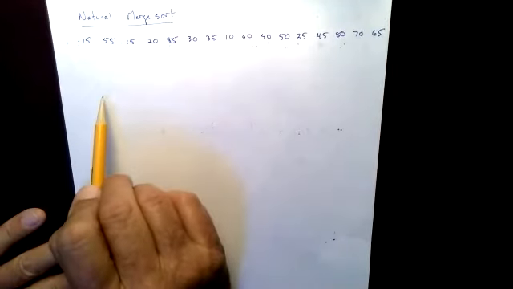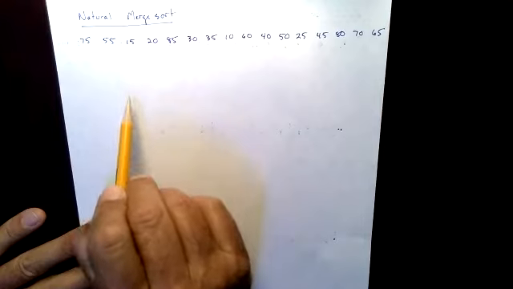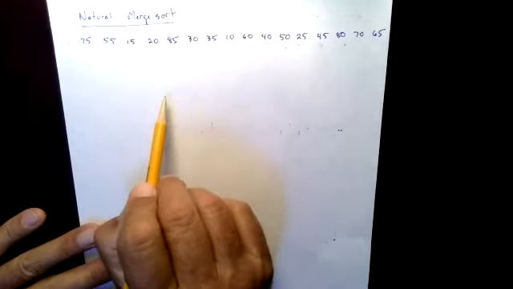Well, we're going to do something called the natural merge sort. Instead of breaking them up as ones, we're going to break them up as runs. So my first time through, instead of going 75 and 55, 15 and 20, 85 and 30, we're going to do runs of what's already sorted.